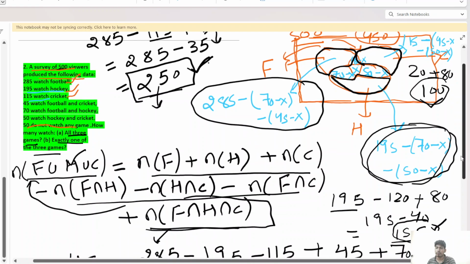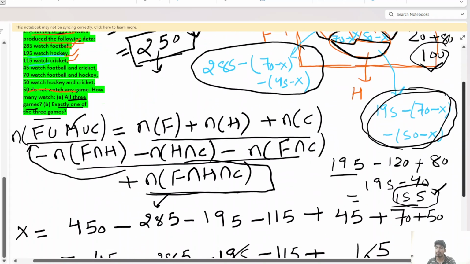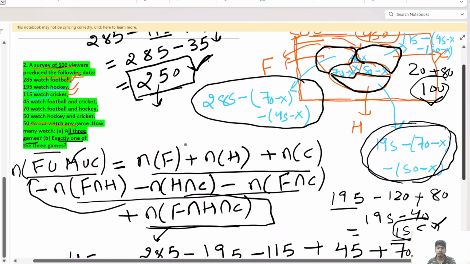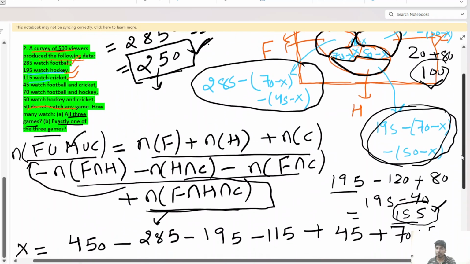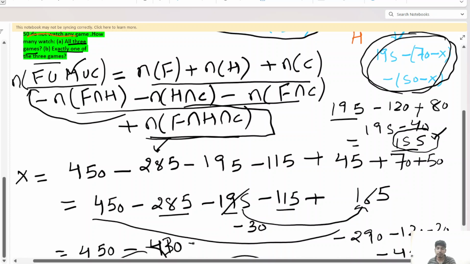So we did a mistake in finding the value of x. Here is 430, and we get the value of x is 20.